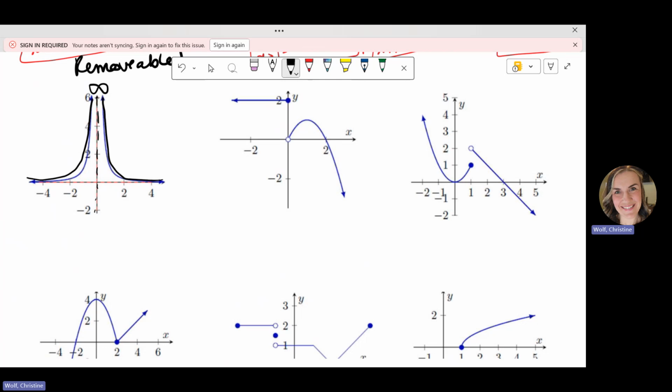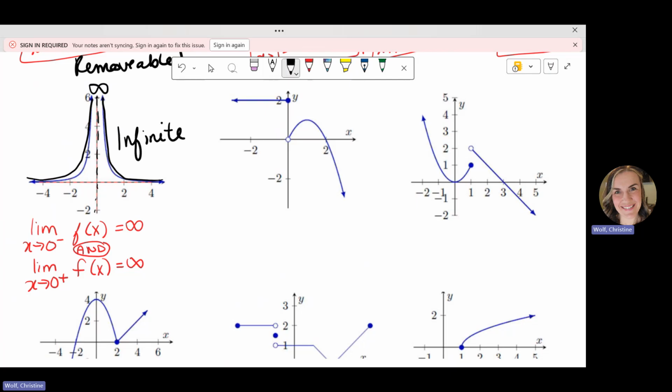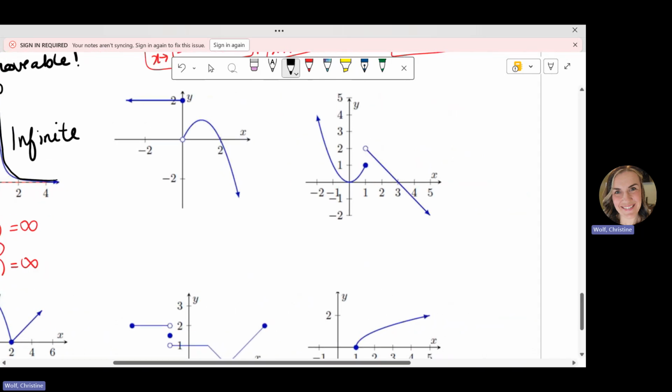So that is infinite because I have the limit as x approaches 0 from the left of our random function equaling infinity, and it's the same on the other side, that also approaches infinity. So this is an infinite discontinuity. Typically, when you see asymptotes, it's probably going to be infinite. Just a rule of thumb.